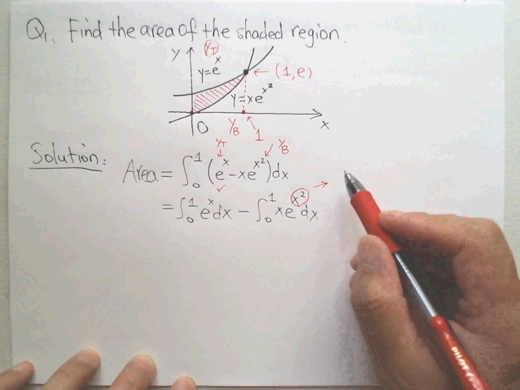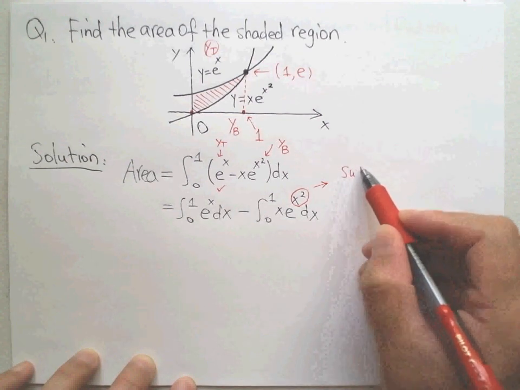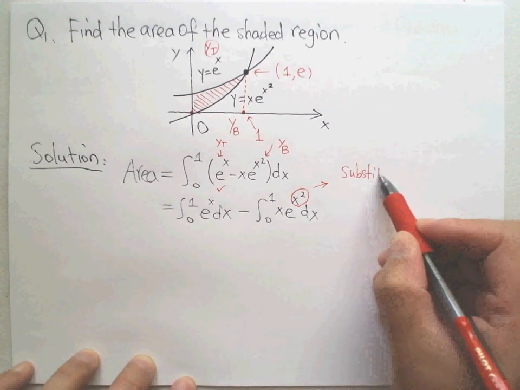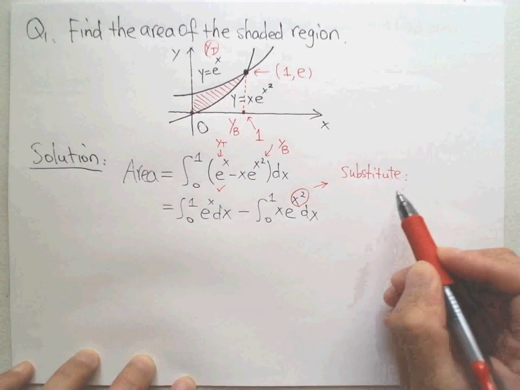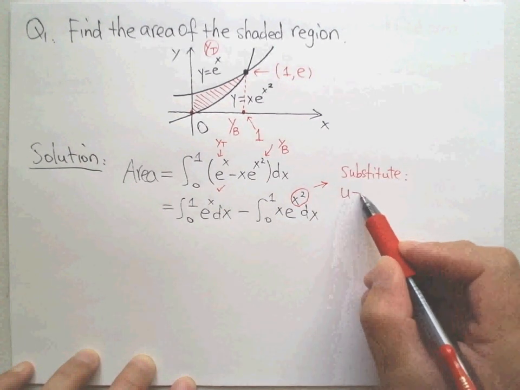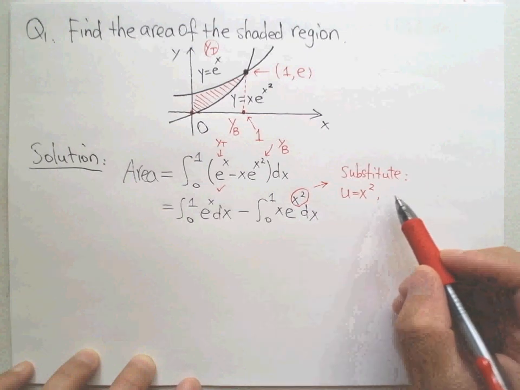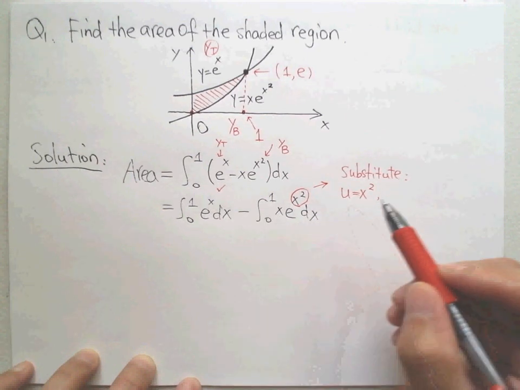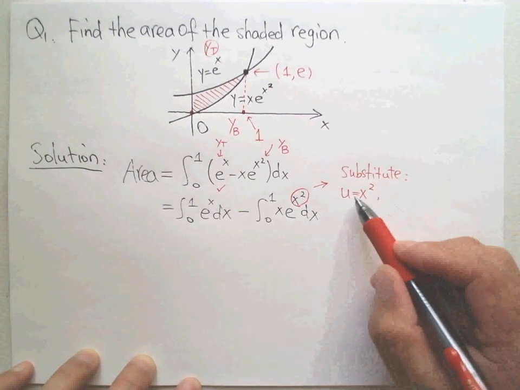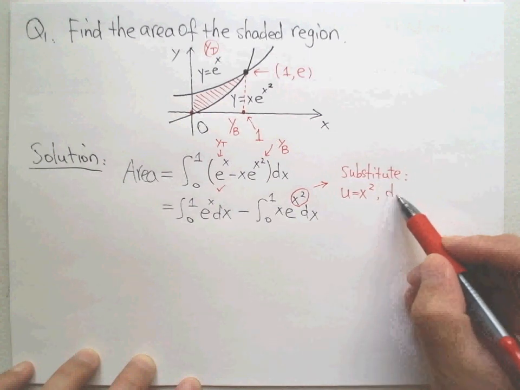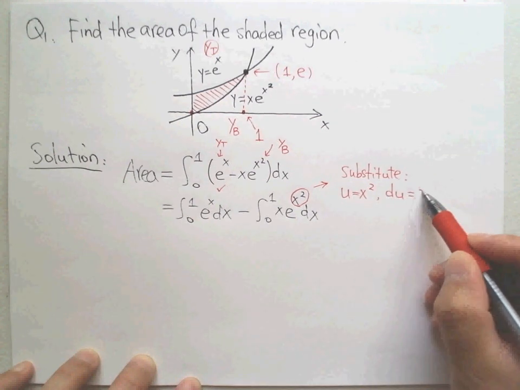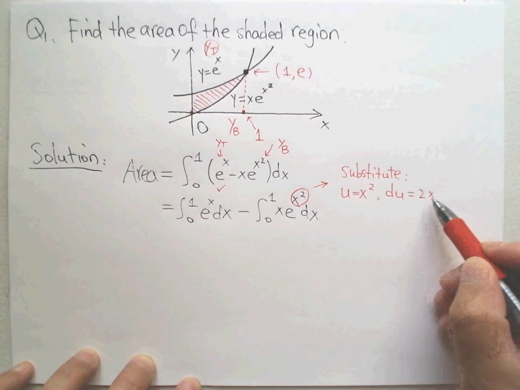I use u equals x squared. Now we need to find x times dx. We take du, so we have du equals 2x times dx.